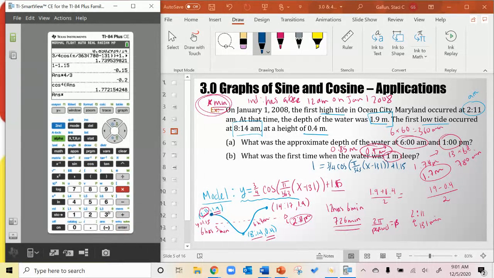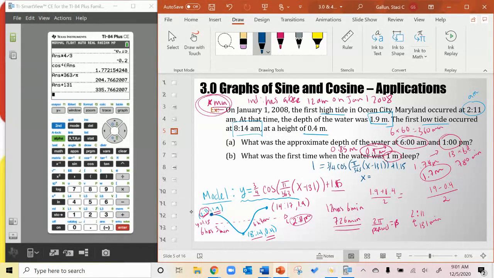And then I'd have to multiply by 363 over pi, right? We have the algebra skills for this. And then I'd have to add 131, right? So I would get that x equals 335.766, right? And so this is minutes. This is minutes after midnight.